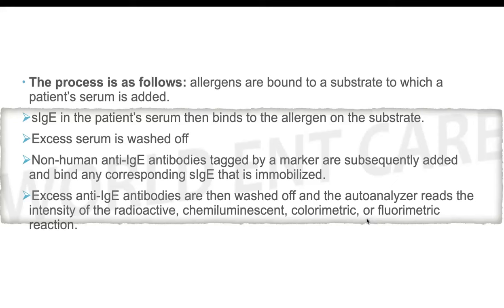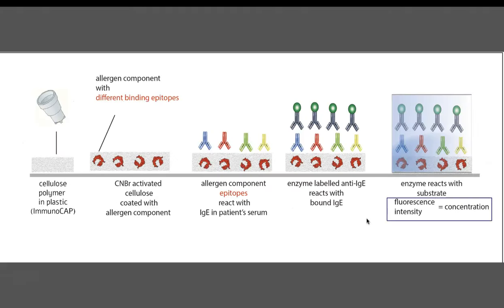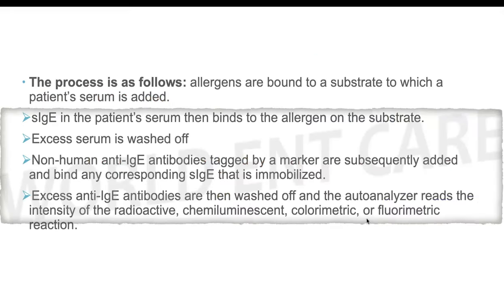Now the process is as follows. The allergens are bound to a substrate to which the patient serum is added. Then serum IgE in the patient serum binds to the allergen on the substrate, like I told you here. The excess serum is washed off, and any unbound IgE also gets washed off.